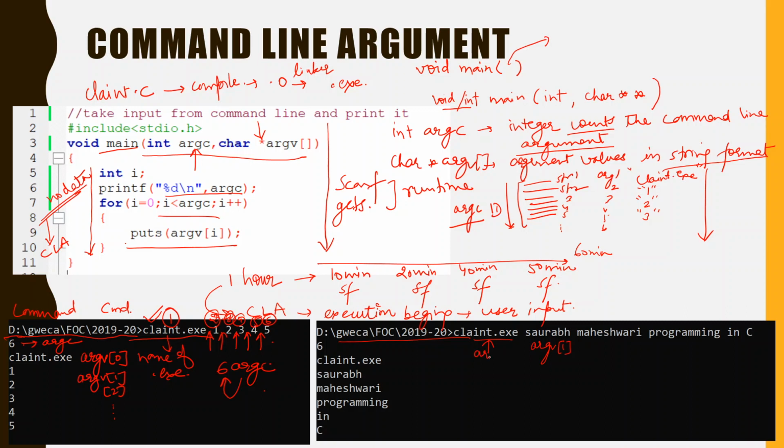So this is argv0, this is 1, this is 2, this is 3, this is 4, and this is argv5. The total number of arguments, that is argc, is 6, and these are the parameters. So this is how it works.